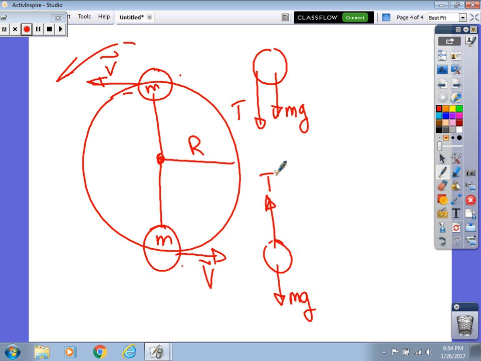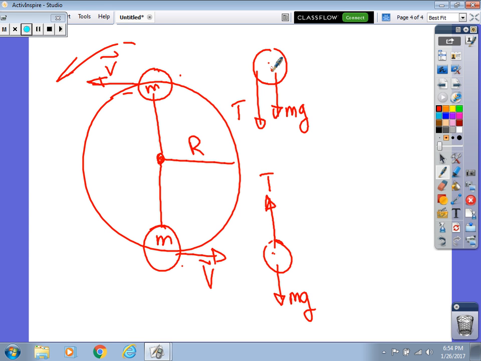Now, a couple of things I need you to look at before we start doing anything. In this case, the forces are fighting each other. In this case, the forces are working together. You see a circle. So immediately in your mind, you need to say to yourself, this thing is traveling in a circle. It has to have a net force that's acting towards the center. This case is pretty easy.